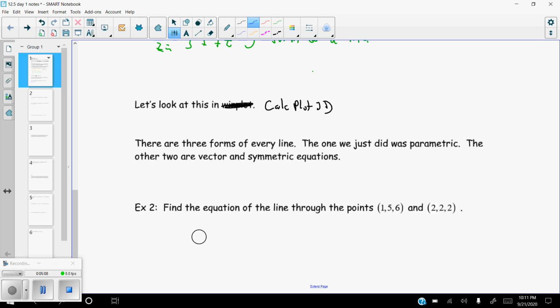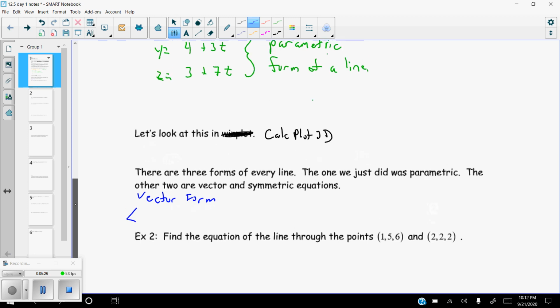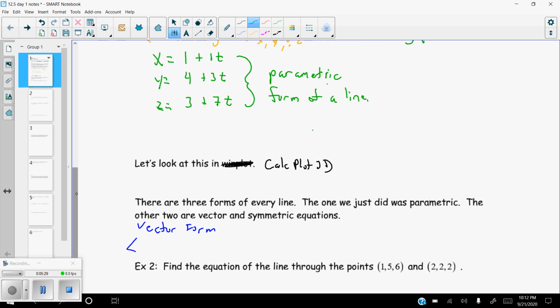My stuff got shifted a little bit, for some reason that example 2 got shifted up for me. Vector form, again, it's just going to be taking the previous one, which I'm going to scroll back up here, and writing it in vector. So it's 1 plus t, and then 4 plus 3t, and then 3 plus 7t. And that's because the first component is x, second component is y, third component is z.